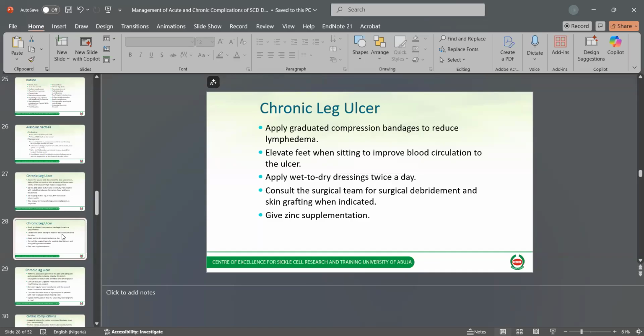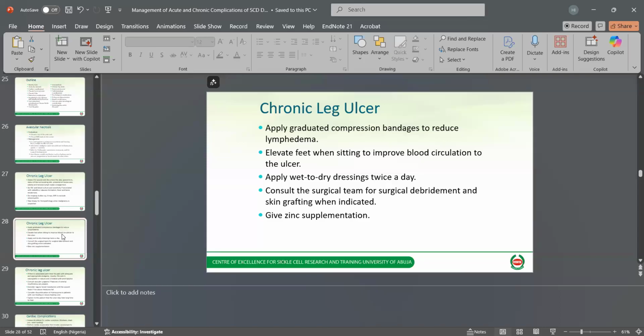So, as we mentioned, multidisciplinary team management. The plastic surgeons, if they are available, patients should be referred to them for management, and give zinc supplementation, because it has been found that some patients with chronic leg ulcer have low zinc levels.